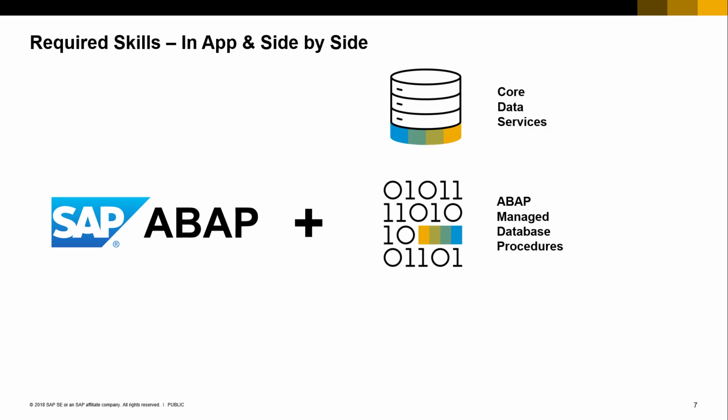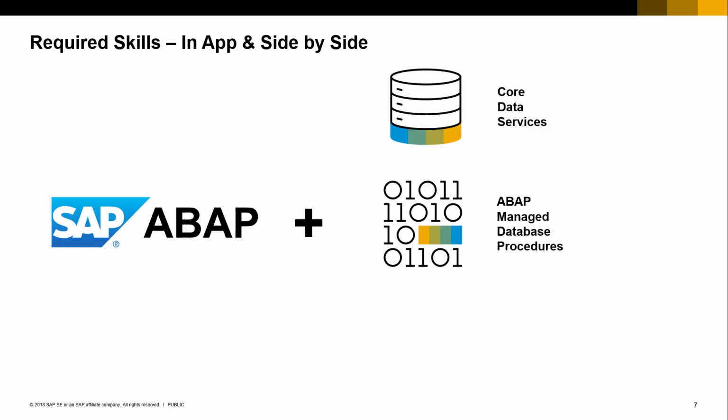Next up is ABAP Managed Database Procedures, or AMDP. AMDPs are a new feature in ABAP, allowing developers to write database procedures directly in ABAP. You can think of database procedures as a function stored and executed in the database. The implementation language varies from one database system to another. In SAP HANA, it is SQLScript.